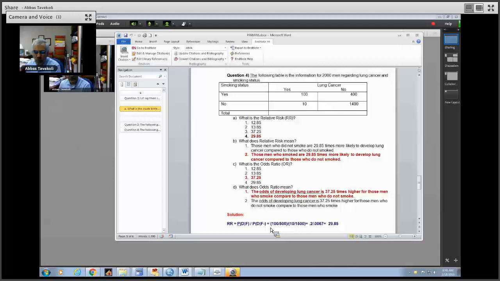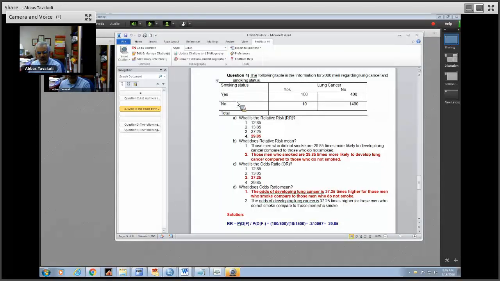So question 4, I ask you to calculate relative risk and odds ratio. Relative risk is the probability of disease given the factor divided by the probability of disease given no factor, which is 100 over 500 divided by 10 over 1500, which is 29.85.